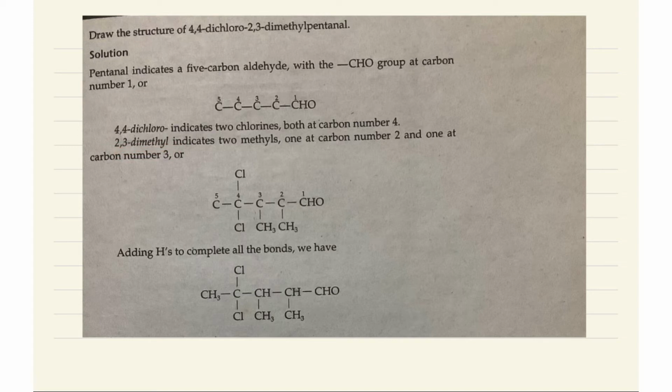So this 2,3 dimethyl indicates 2 methyls kasi we used di. And yung isa doon, 1 carbon atom at carbon number 2 kasi number 2 yung naka-indicate dyan. And then yung isa namang carbon atom is located in carbon number 3. So we have here 2 and 3. So adding H to complete all the bonds, so we have this one. So ganun lang siya kadali.